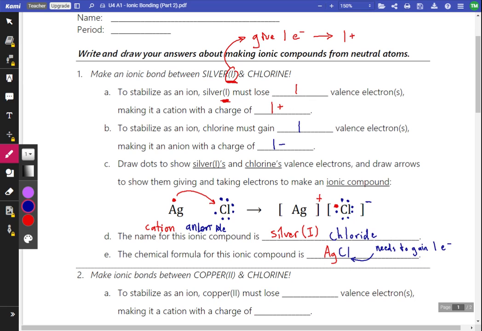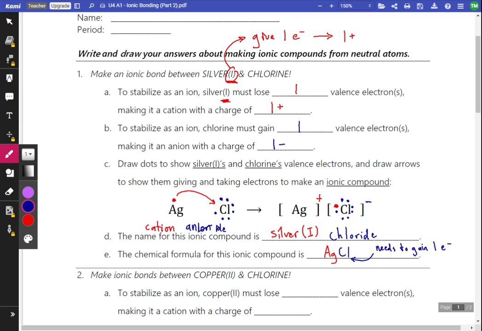Okay? And be aware that this goes for things that have multiple atoms of the metal or the nonmetal. So if I had a substance like we're going to see in this next one, it might take a couple atoms of each element, and that's okay. We can still figure out the charge kind of and go backwards on it to figure out how many valence electrons that metal lost. Okay?